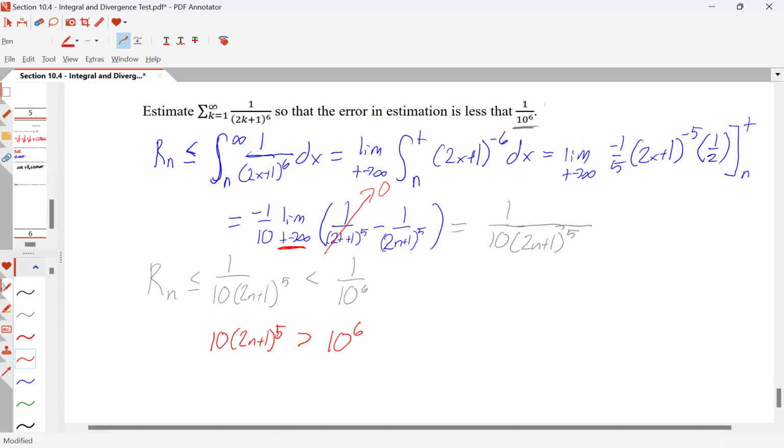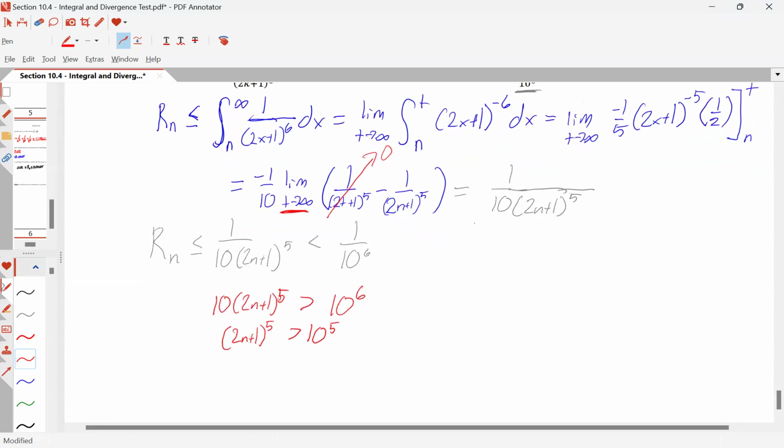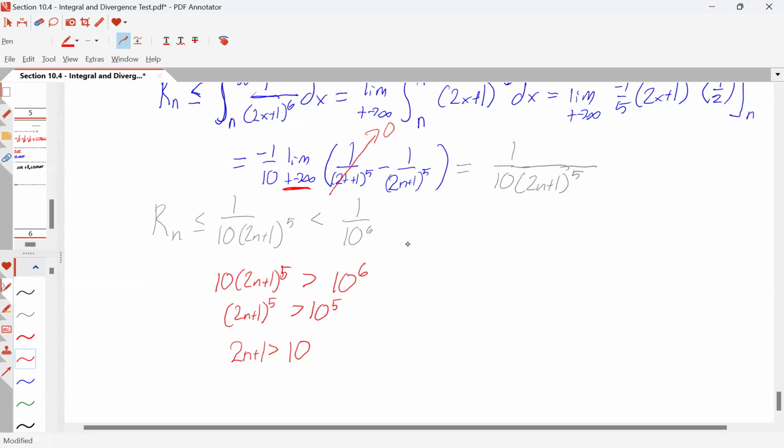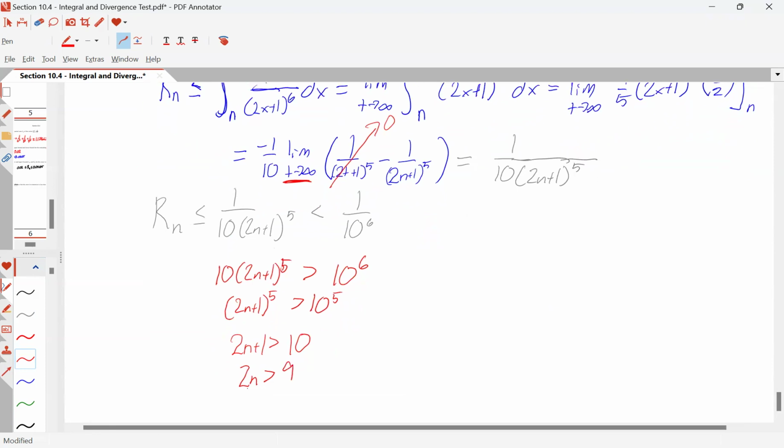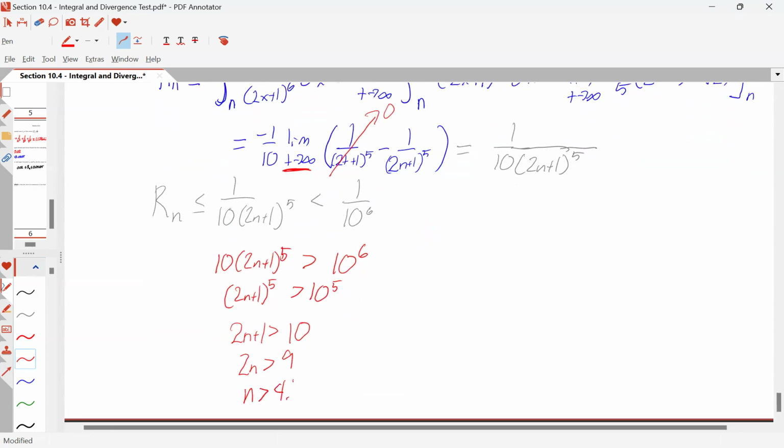Dividing everything by 10, we get (2n plus 1) to the 5th is bigger than 10 to the 5th. Fifth root of everything, 2n plus 1 is bigger than 10. 2n is bigger than 9. And n is bigger than 4.5.